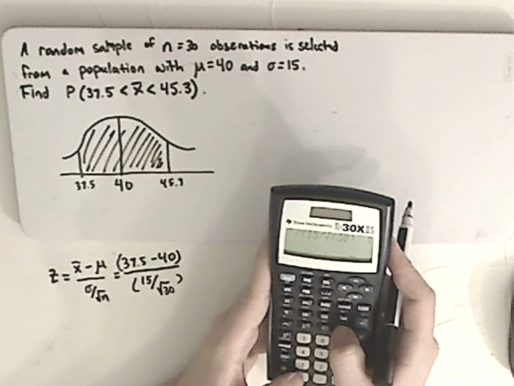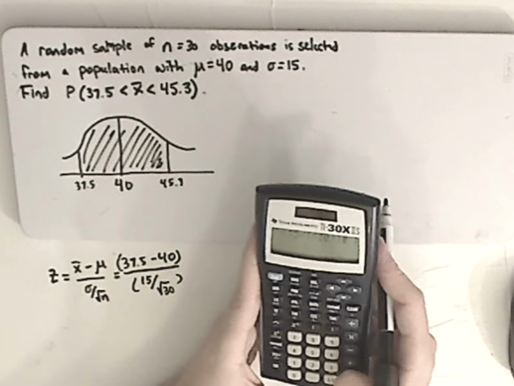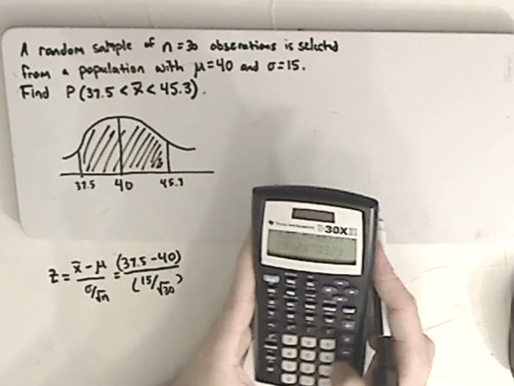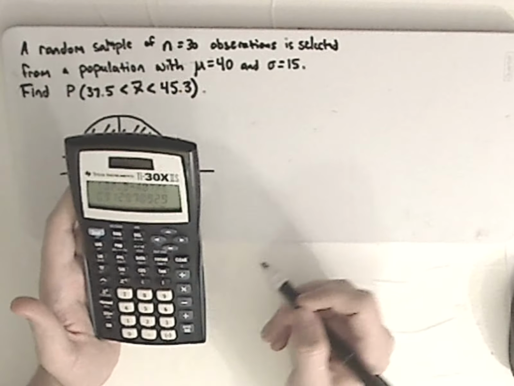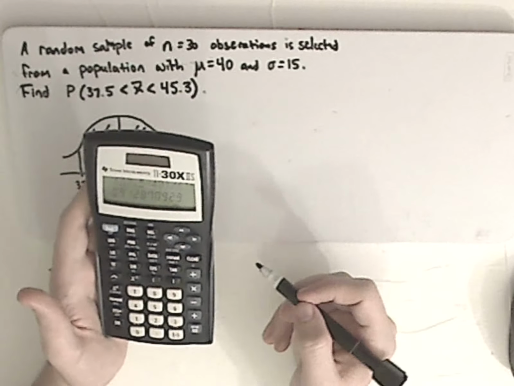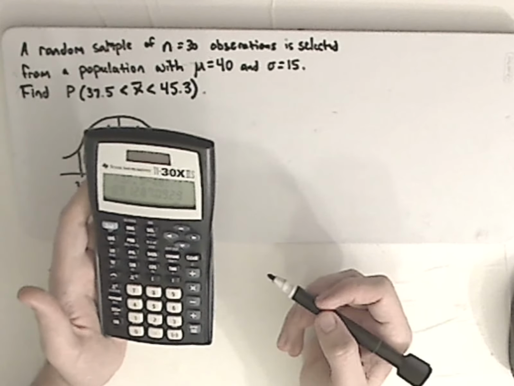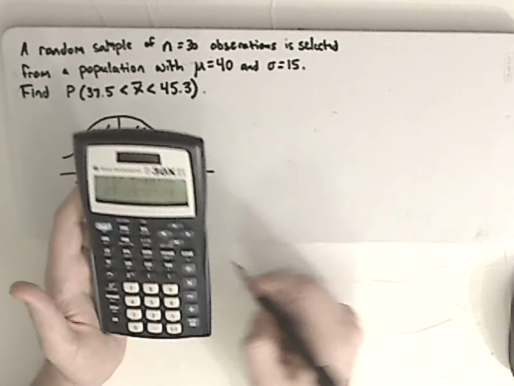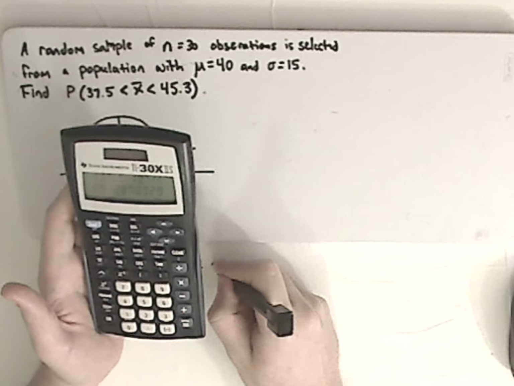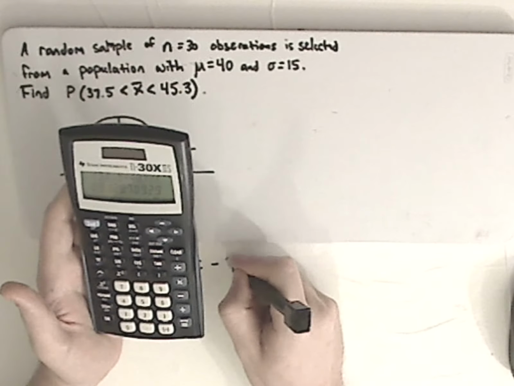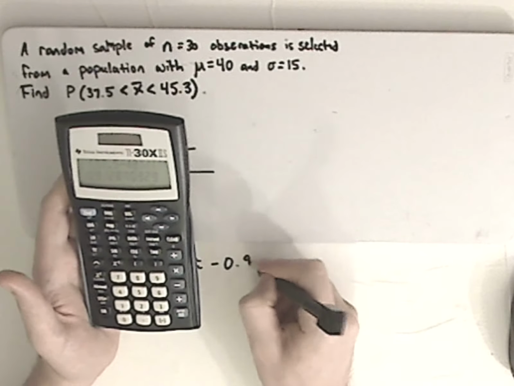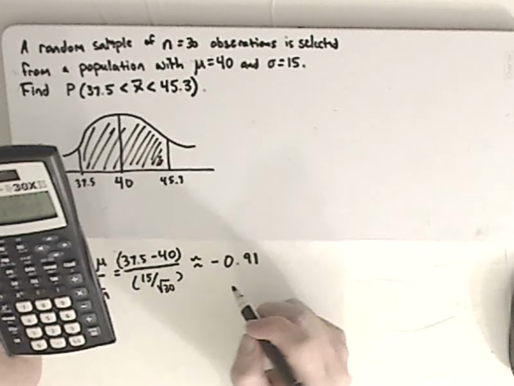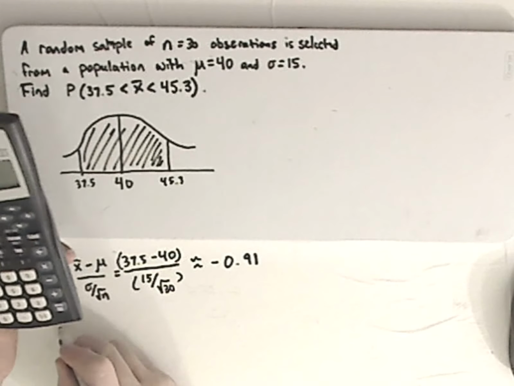Close for the square root, close for the denominator, and I get approximately, I'm going to round it to 2 decimal places because z-scores, when you look them up, are commonly to 2 decimal places. So it would be negative 0.91.